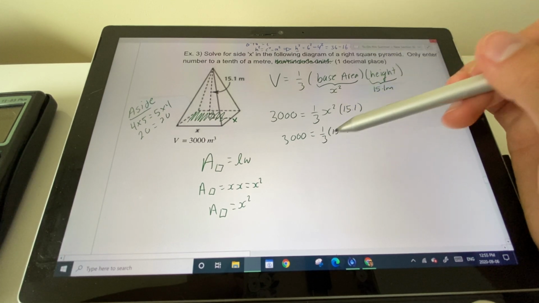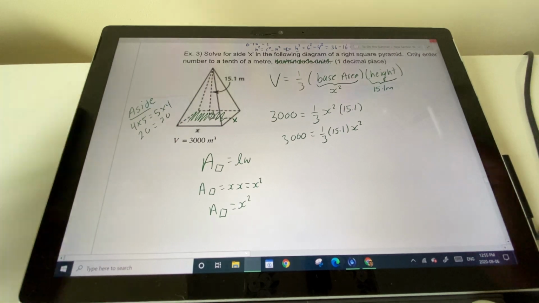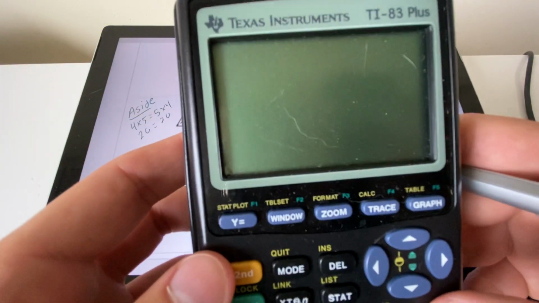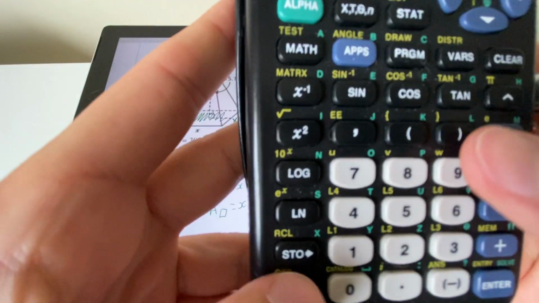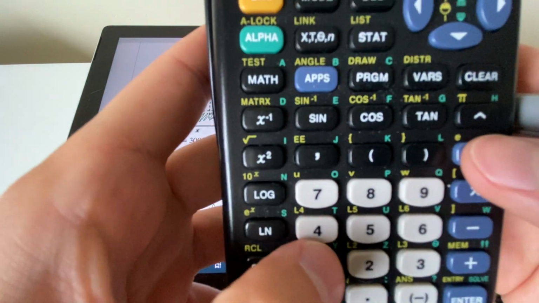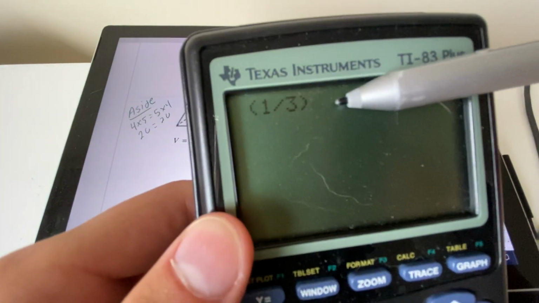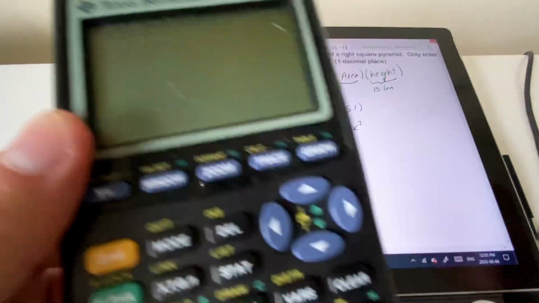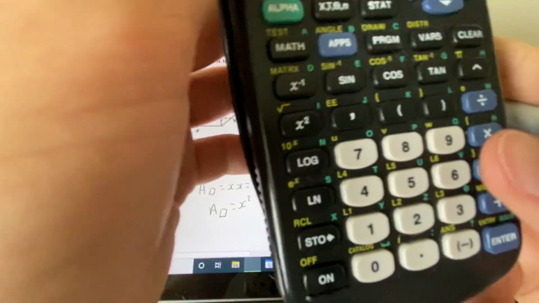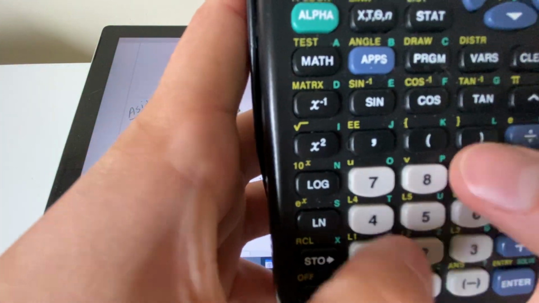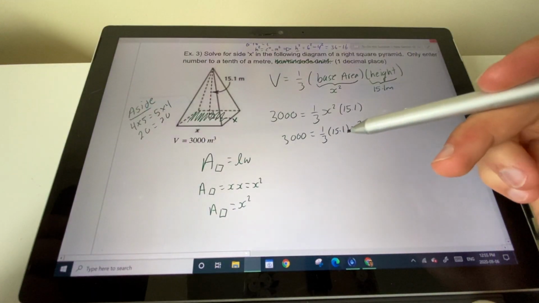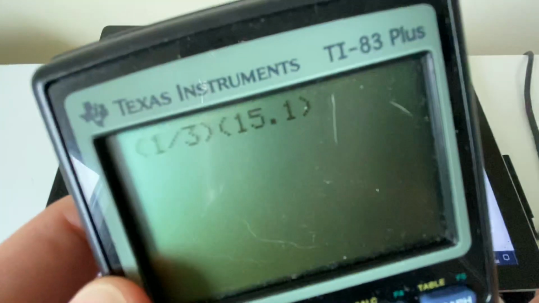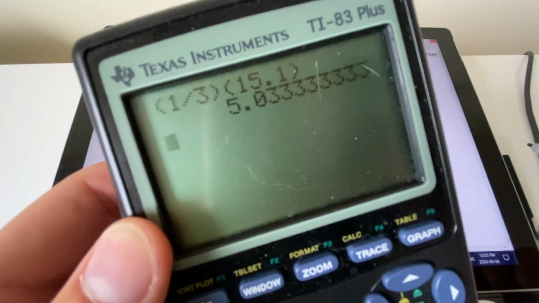Let's figure out what 1/3 times 15.1 is. I'm going to bracket the 1/3 because remember that's being treated as one number. I gotta turn on my calculator. So see how I bracketed 1/3, then I'm going to multiply it by 15.1. That gives me 5.0333.